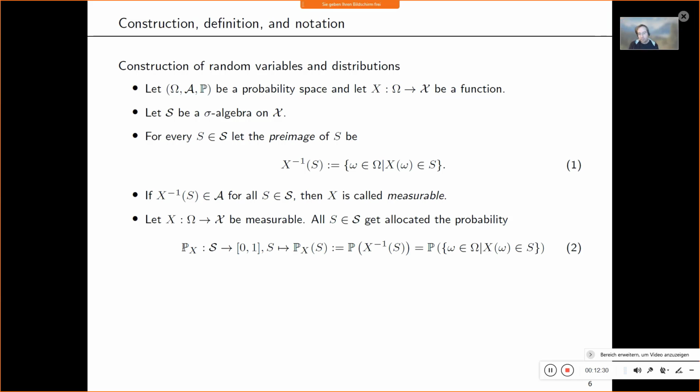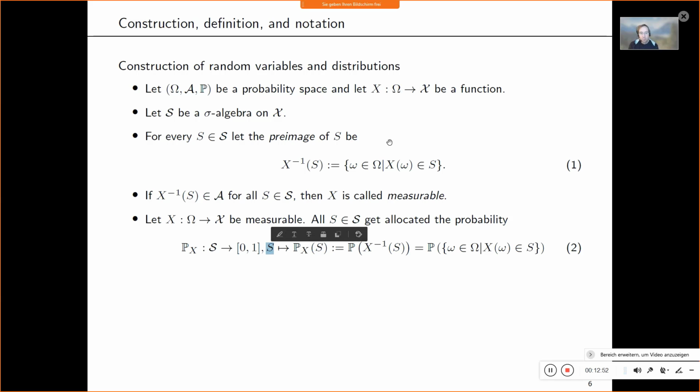So this is written here. We define a new probability measure, which we call Px, and Px maps elements of the sigma algebra on this outcome space X to the interval 0 to 1, because it will be a probability measure.